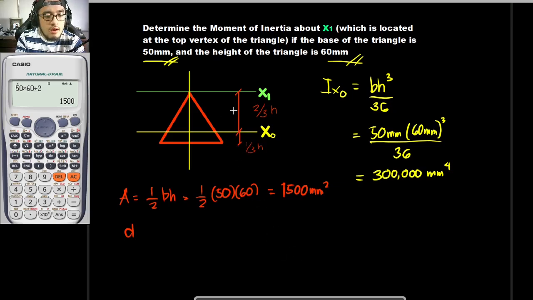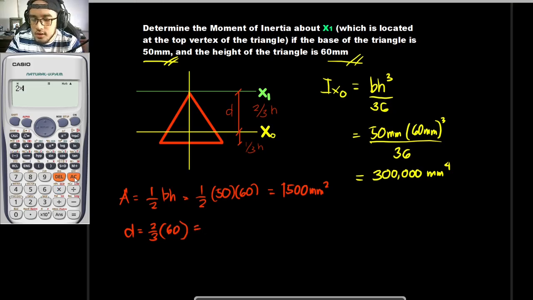But our value for D should be this distance right here, so that is 2/3. So our D is equal to 2/3 times H, and H is 60. So 2/3 times 60. I think that is 40, if I'm not mistaken. I'm sorry. 2/3 times 60, that is 40. So yes, 40 mm.